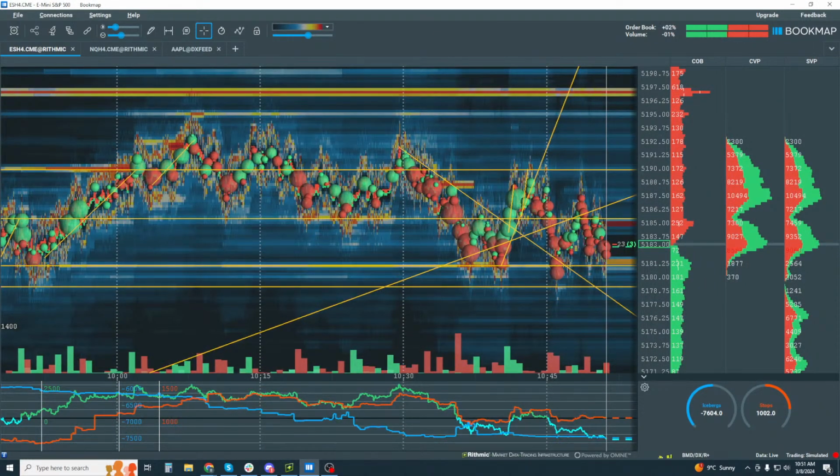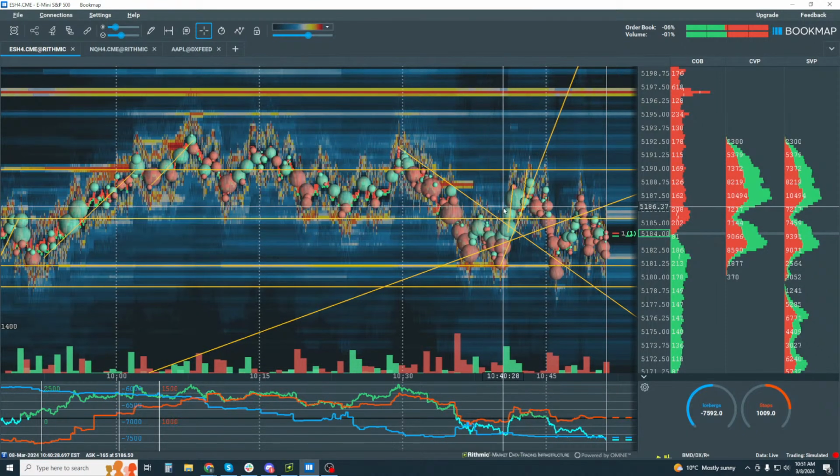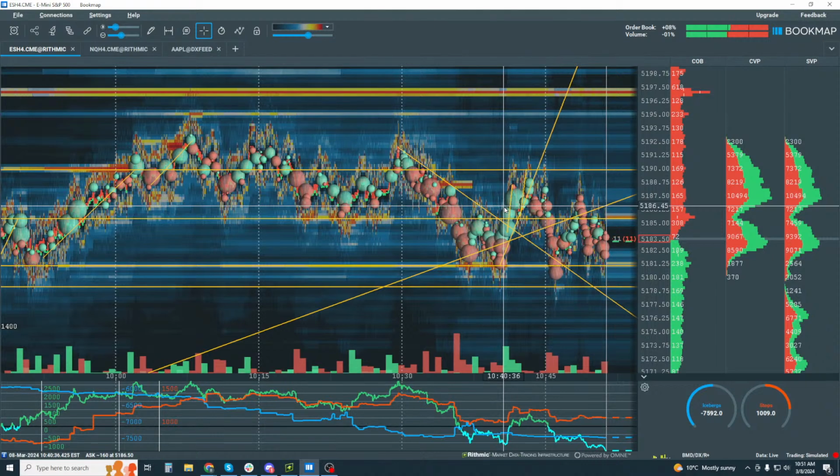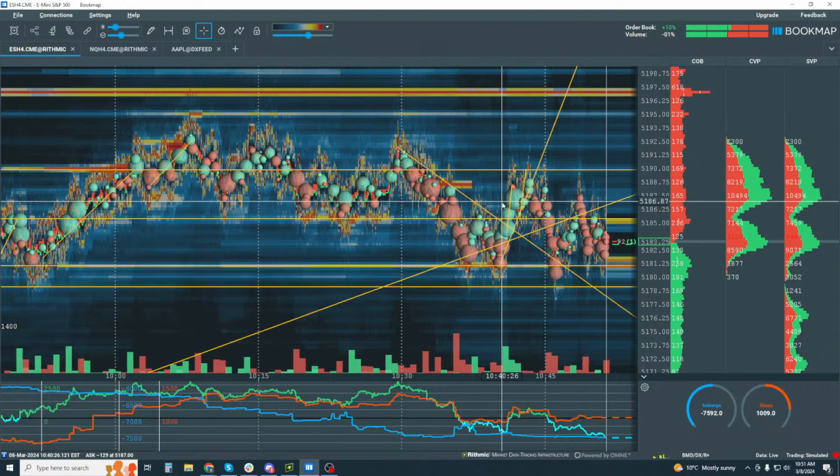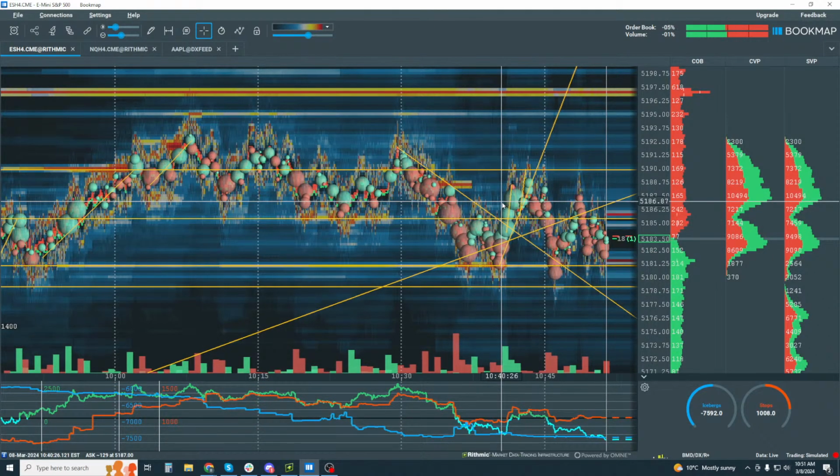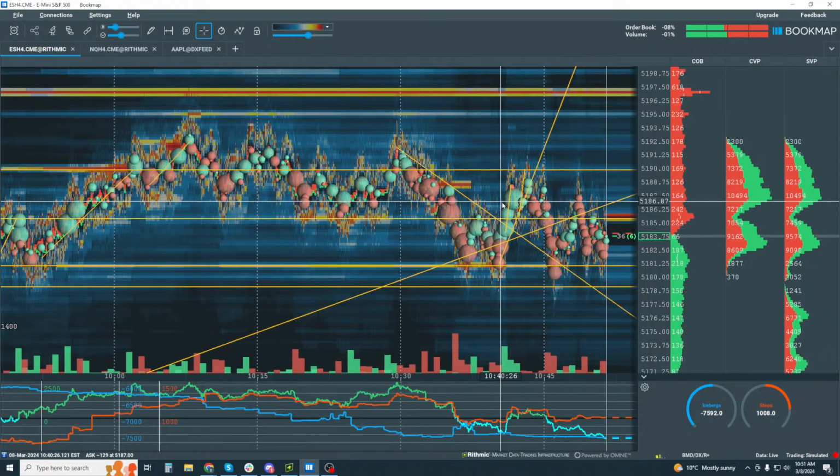All right, let's see. No, trap traders are the ones that are a part of the impulse move.